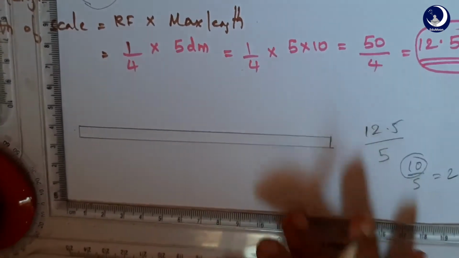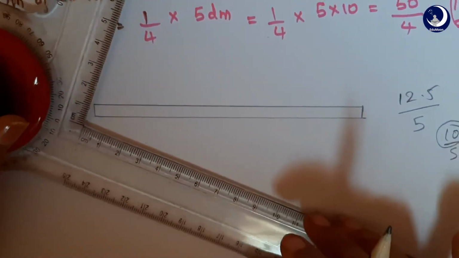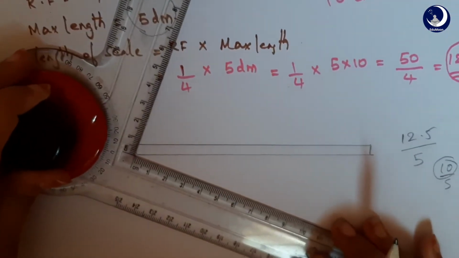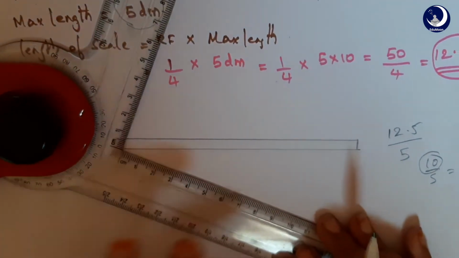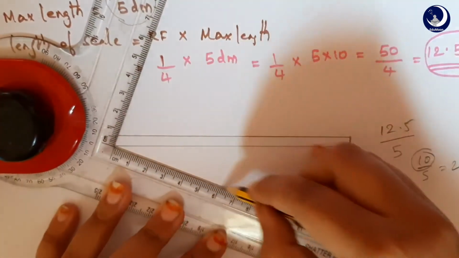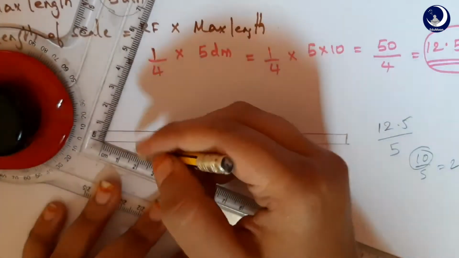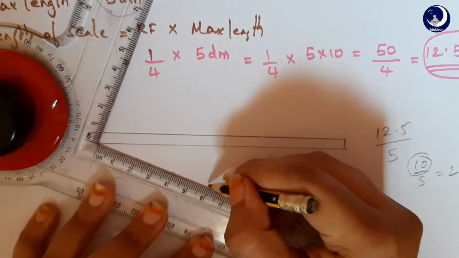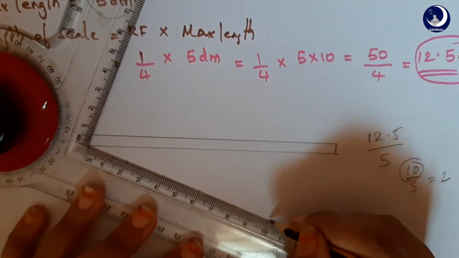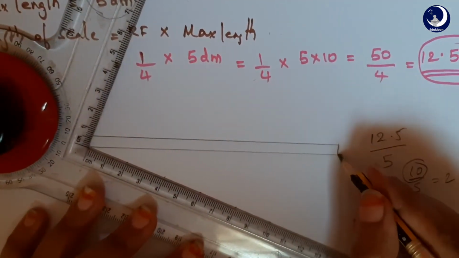So we'll choose 10. So what we'll do is, we'll take any acute angle of 10 centimeters and divide this line into 5 parts. So that is 2, 4, 6, 8 and 10. And we are going to join this point to this point.